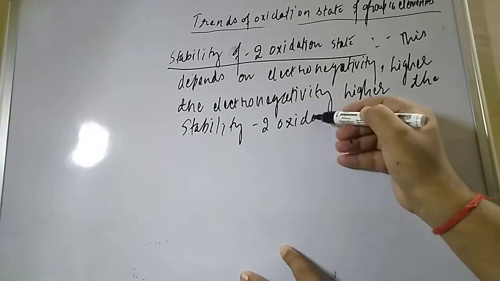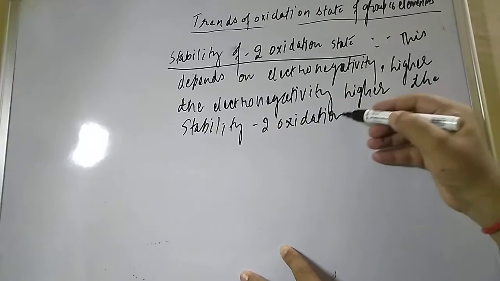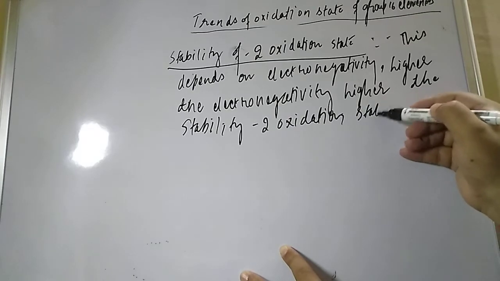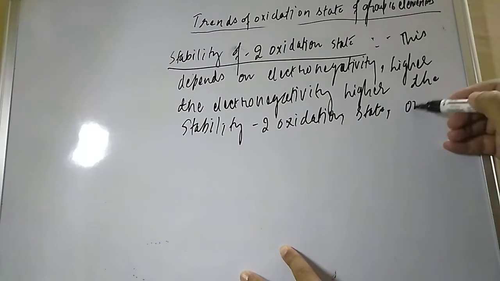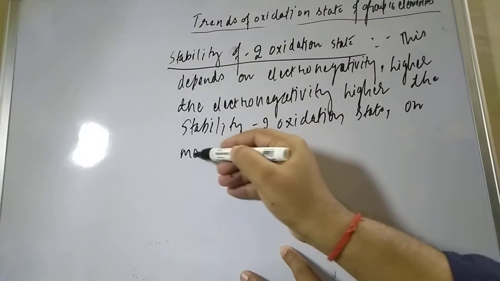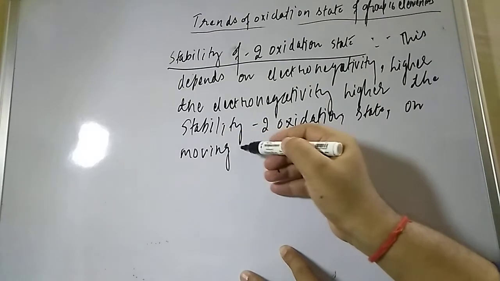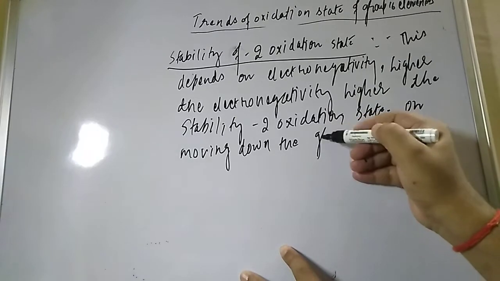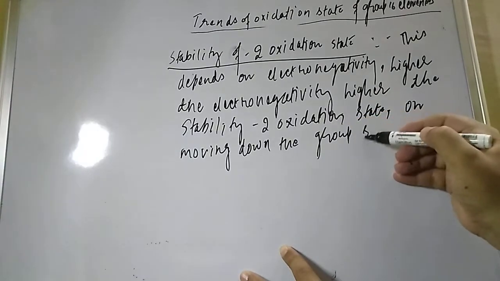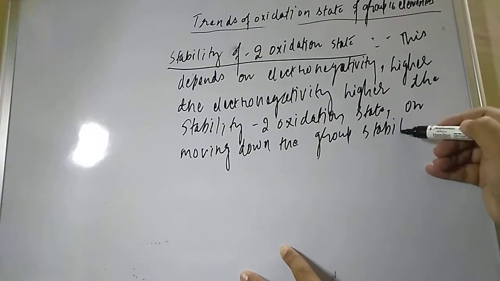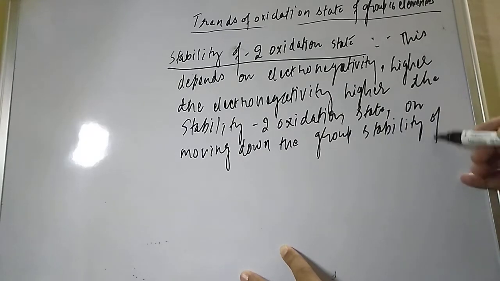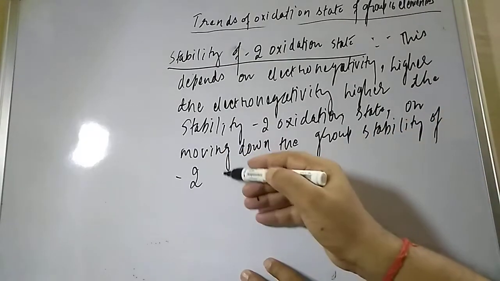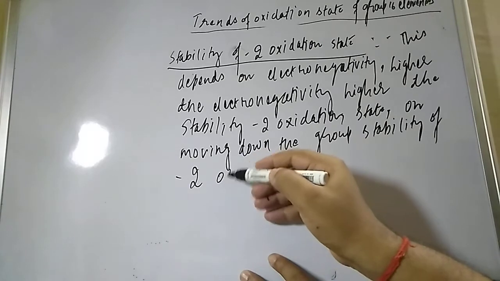It means that on moving down the group, the stability of the minus 2 oxidation state decreases.